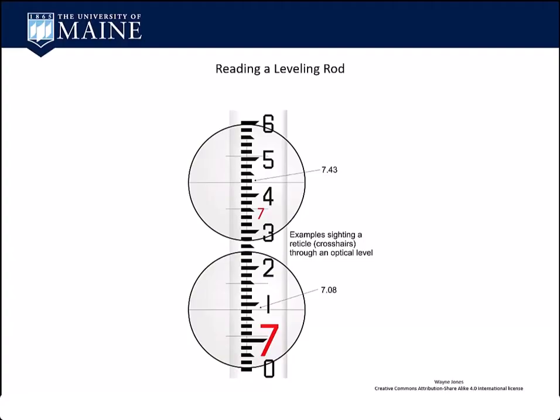The bottom reading is 7.08, so the distance between the black lines, the white areas, is 100th, and same with the distance between the white areas, the black is 100th. So you would read the middle wire for leveling.